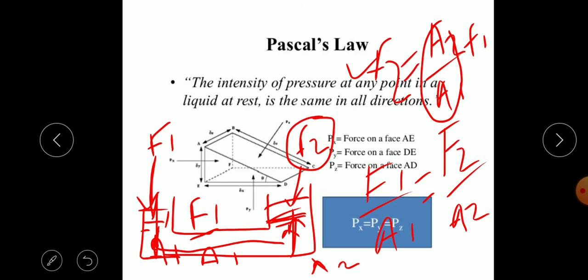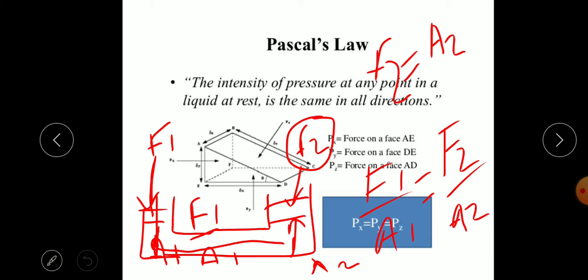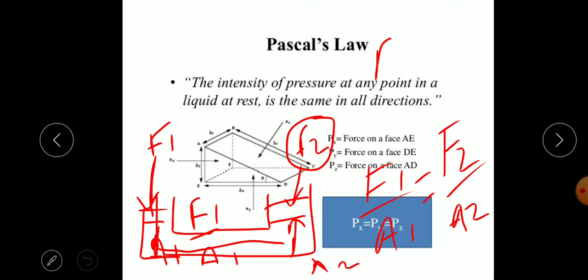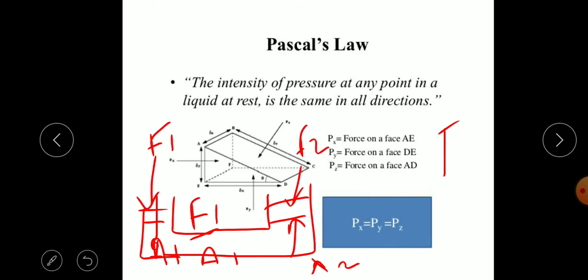So the smaller force will be amplified in the second cylinder. This is Pascal's law: the intensity of the pressure at a point in a liquid at rest is the same in all directions, that is Px is equal to Py is equal to Pz. So this we have to prove.